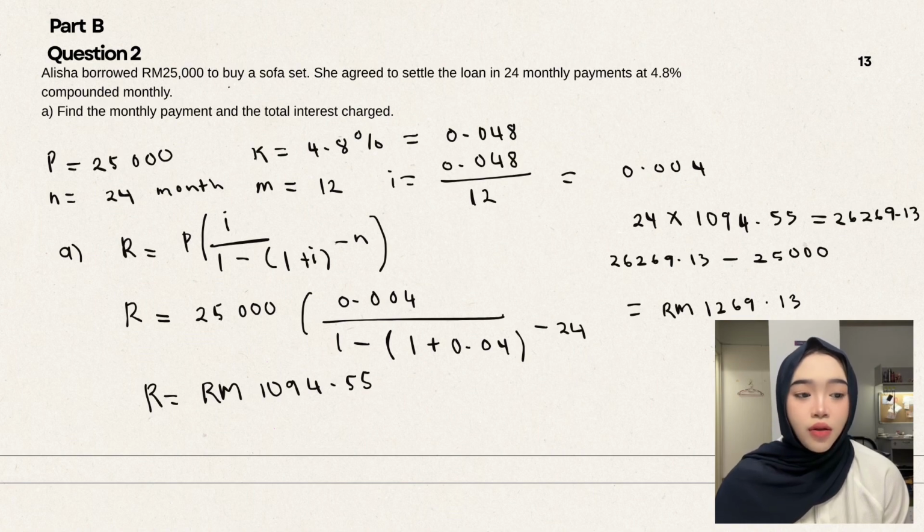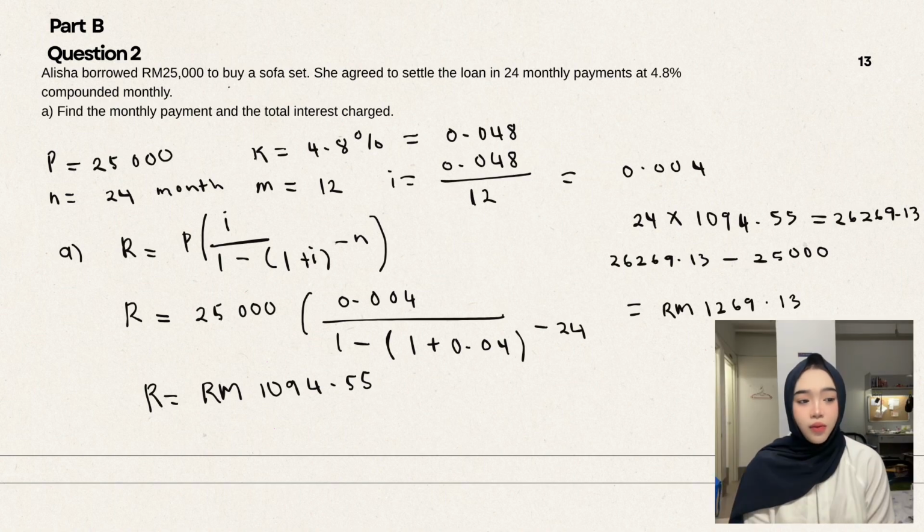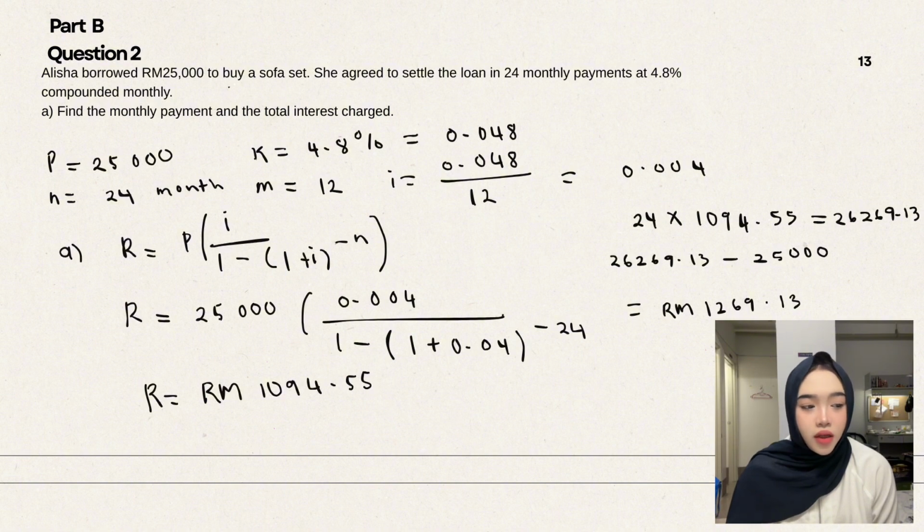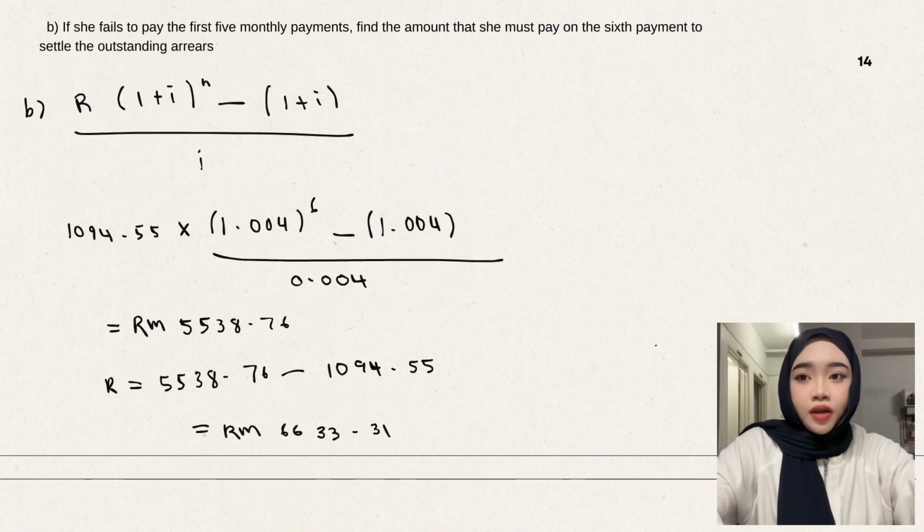So next, 24 multiply with 1094.55, so equal to 26,269.13. So the answer will be minus 25,000, so equal to 1,269.13.